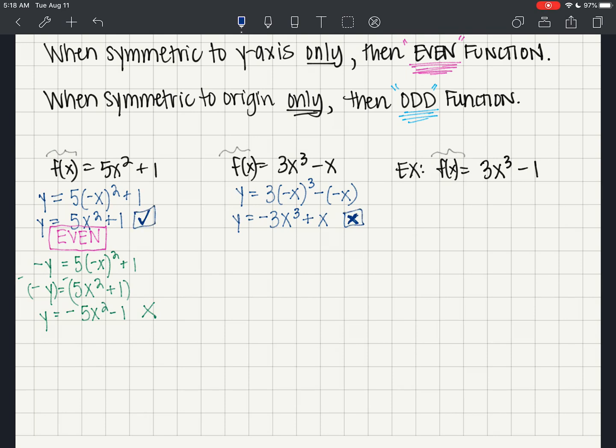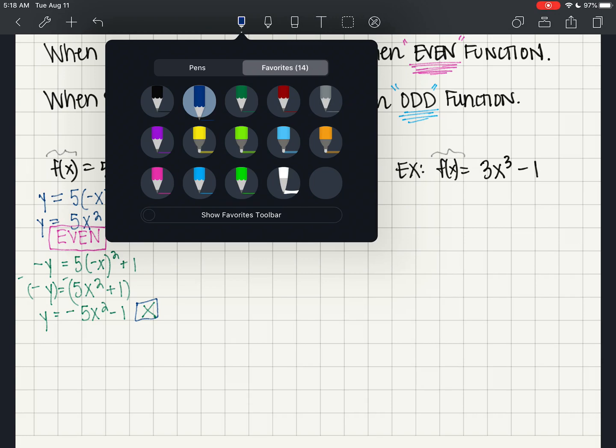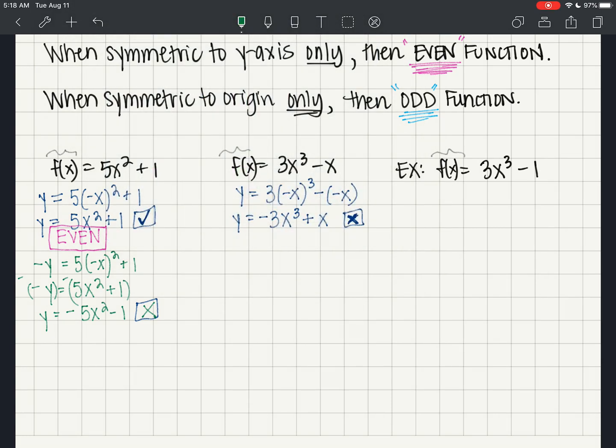So I'm just going to put my check mark or my X in a box so you don't think it's a variable. Probably bad notation for me to use, but it seemed good at the time. Okay, now we're going to see if it is an odd function. So I'm going to put a negative in for y and a negative in for x.